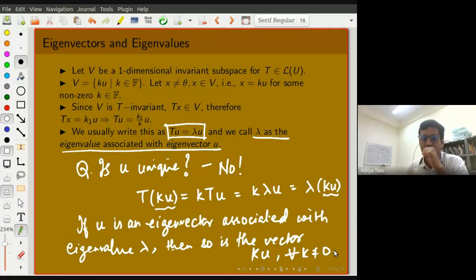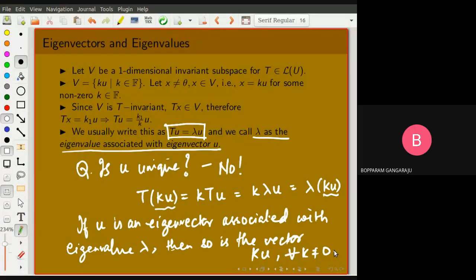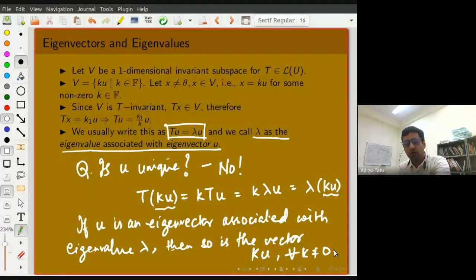Characteristic equation, but then what do we do with the characteristic equation? Find the possible values for lambda. Okay, there's one small difficulty there. So what is T over here? And what is it that you mean by characteristic equation?